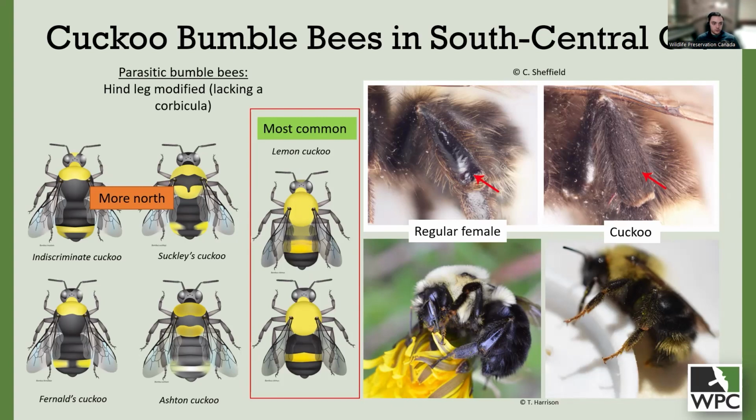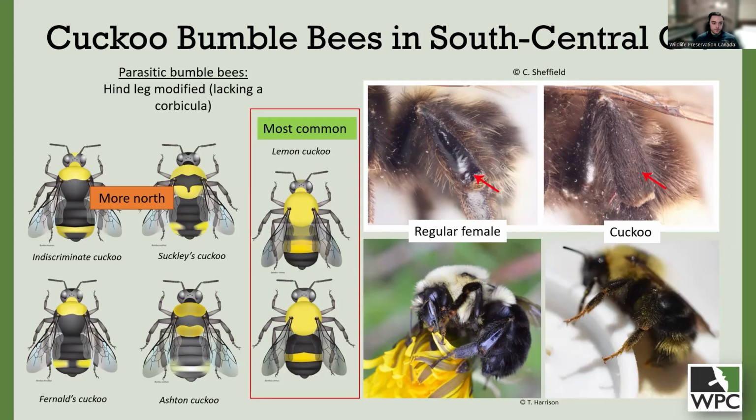The Ashton cuckoo, for example, being an endangered bumblebee, has as one of its primary hosts the rusty-patched bumblebee, which is another very endangered bumblebee. So you can imagine declines in the rusty-patched would lead to declines in the Ashton cuckoo. The health of their host species would be tied to the health of their own population. So that would be why certain species are more common than others.